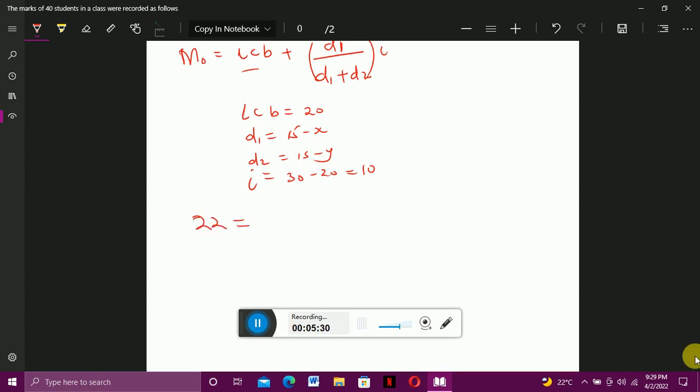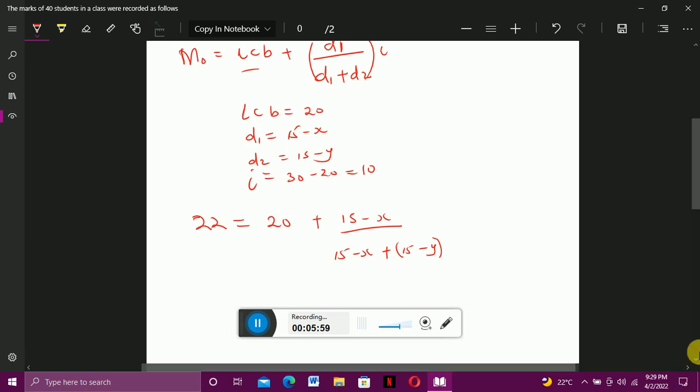We know the mode is 22, is given by 20 plus 15 minus x over 15 minus x plus 15 minus y, and we are multiplying that by I, which is 10.